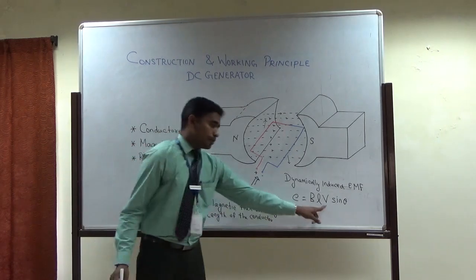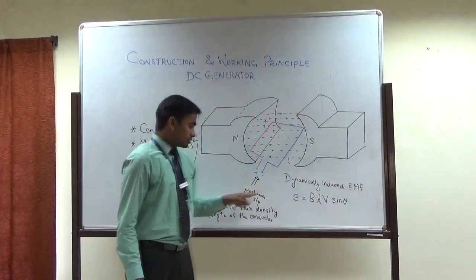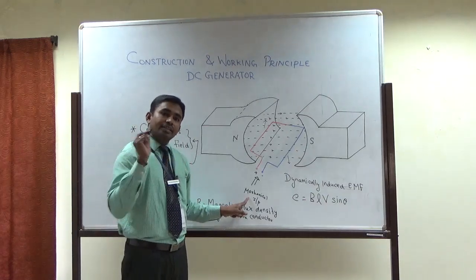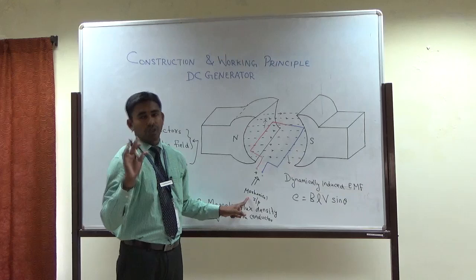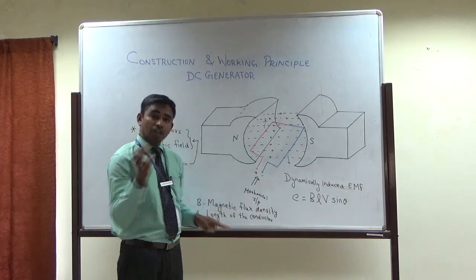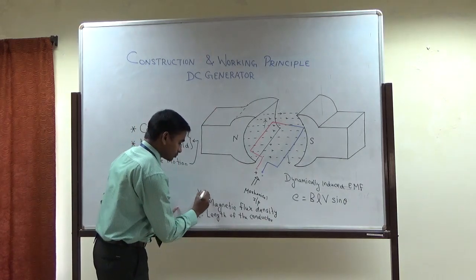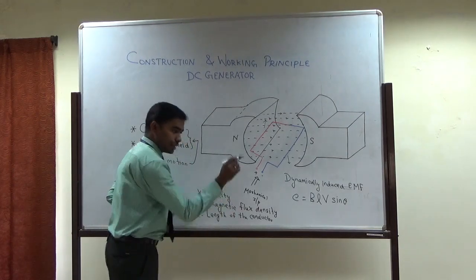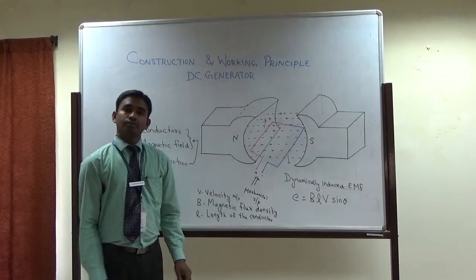Now what may be V? V is not a voltage, it is a velocity, because we have given mechanical input. At what extent you are giving mechanical input, with some velocity, say some 1000 rpm or 1500 rpm, that velocity will also determine your voltage. Here we represent it in meters per second.